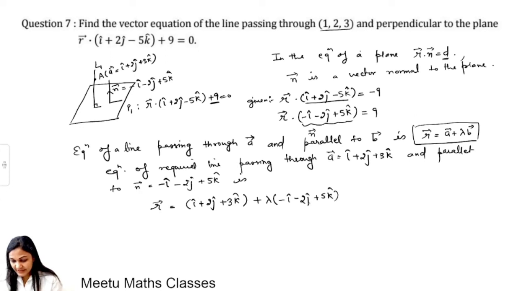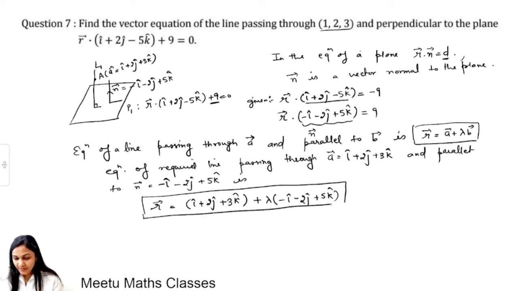And this is the required vector equation of a line passing through the point 1 2 3 and perpendicular to the plane.